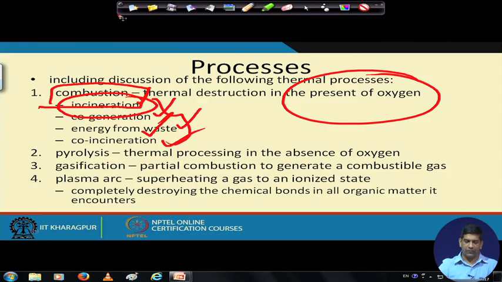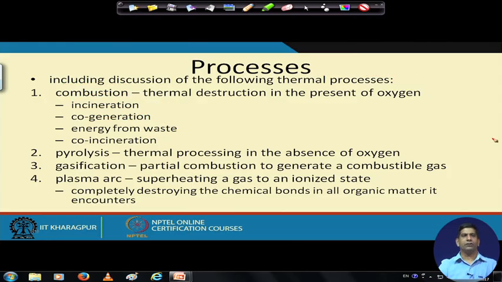And in terms of combustion, since we have to supply oxygen, as part of this course we will do some calculations, like how to find out how much oxygen will be required to be supplied. Now, the second part is pyrolysis. Combustion is in the presence of oxygen, while pyrolysis is in the absence of oxygen.